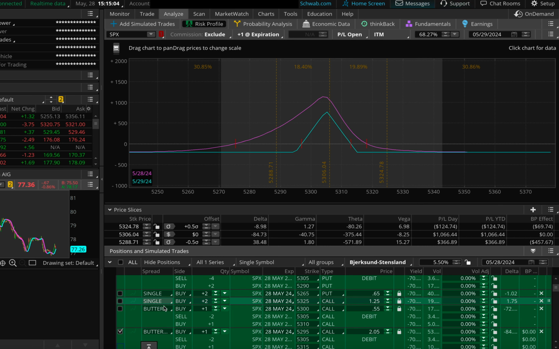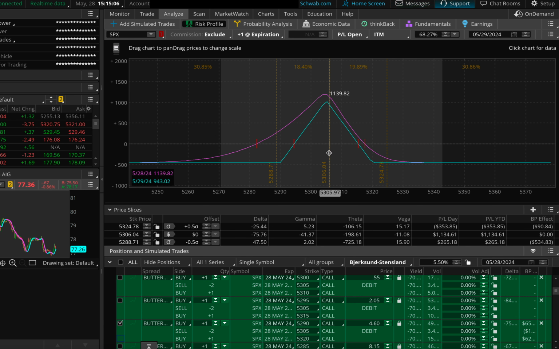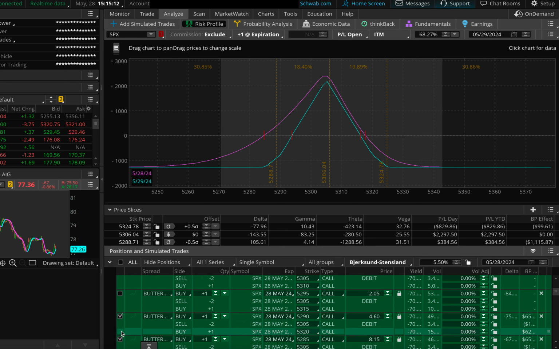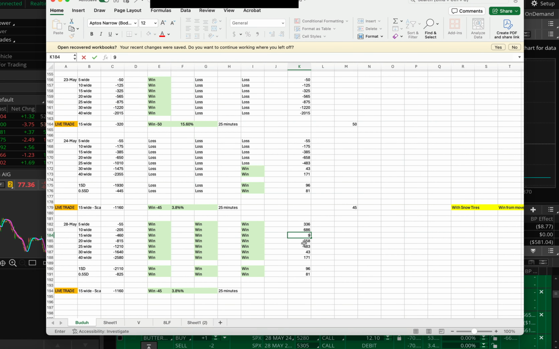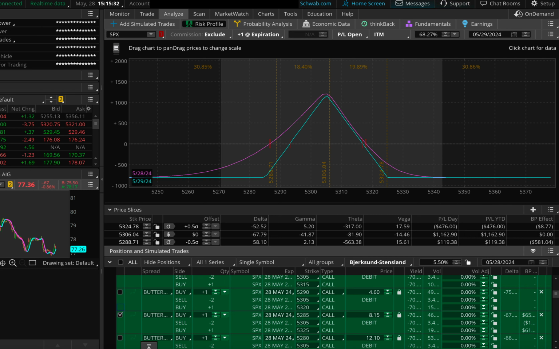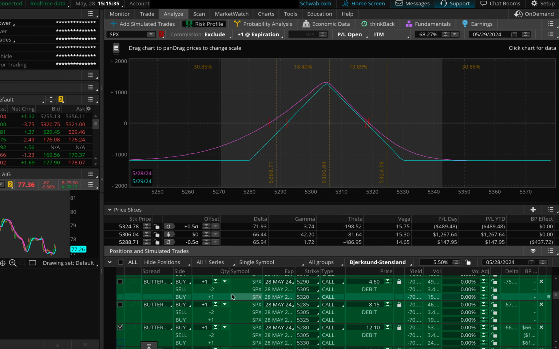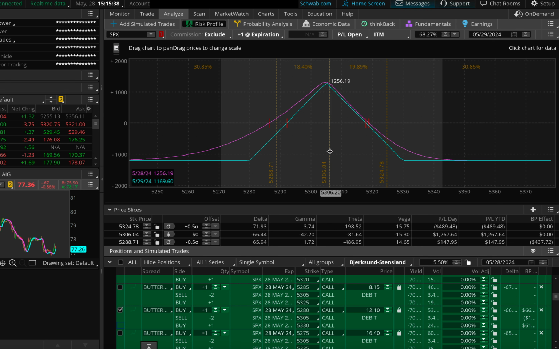Okay, the 15 wide. The profit at settlement would have been 931. So 931 and 1076. Okay, so this is for the 25 wide. The profit would have been, that's pretty close to a pin, 1181.